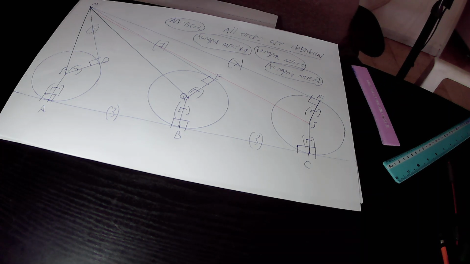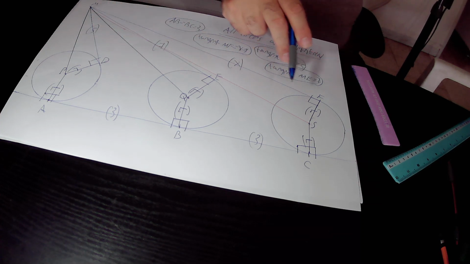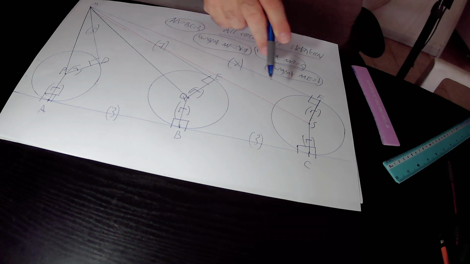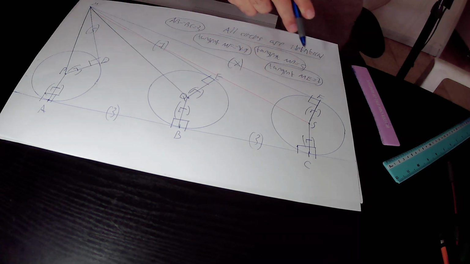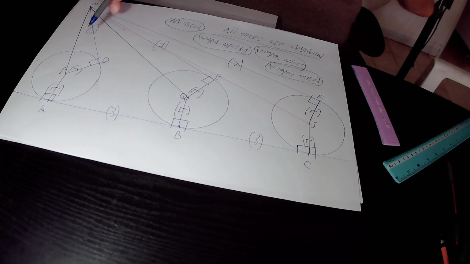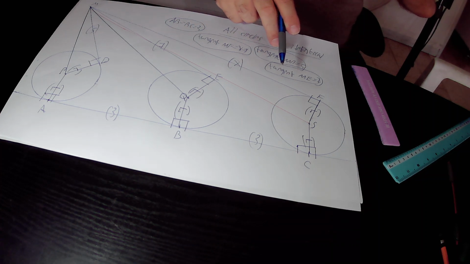So we have here the points P, Q, and S. Those 3 points are at the same distance from the straight line ABC. Again, the 3 points P, Q, and S are at the same distance from the straight line ABC, and therefore points P, Q, and S are located on one straight line.